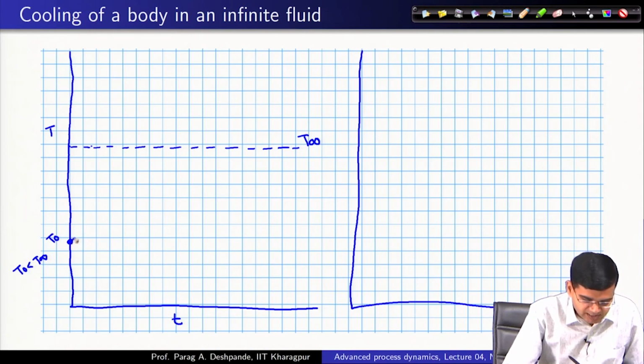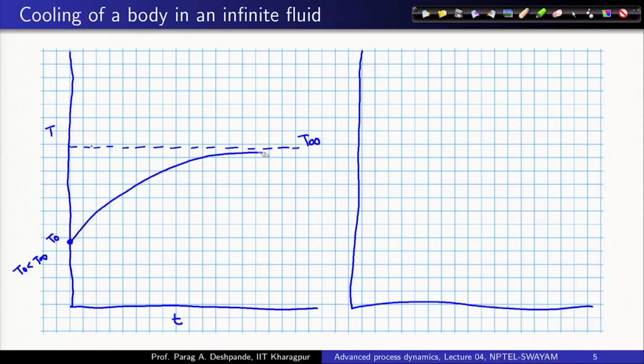I am going to rise like this, and therefore, for different t 0's, t 01, t 02 and so on, my phase lines would look like this.